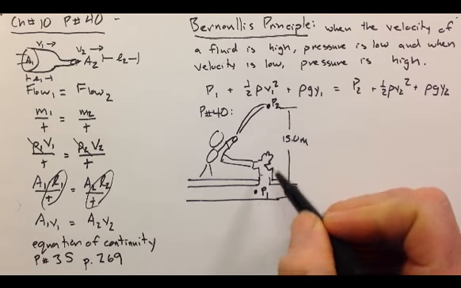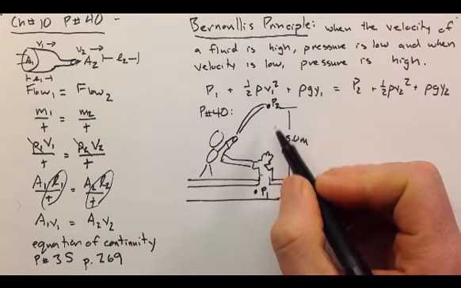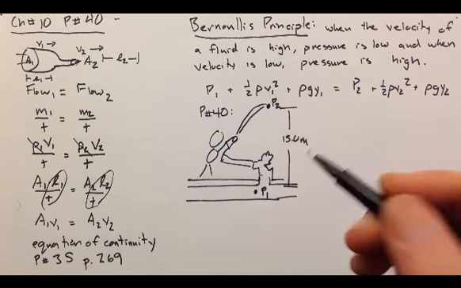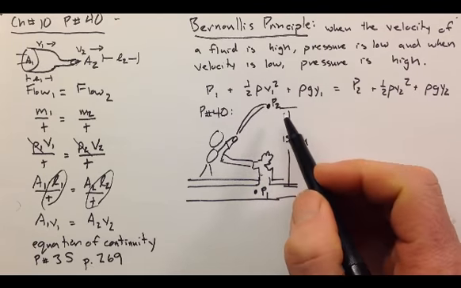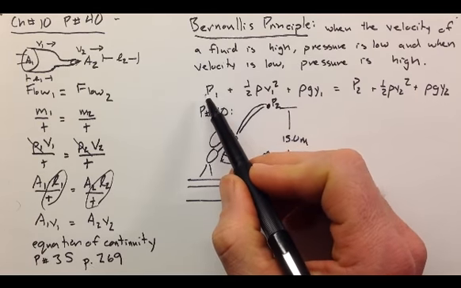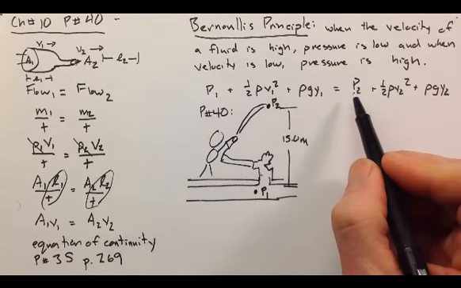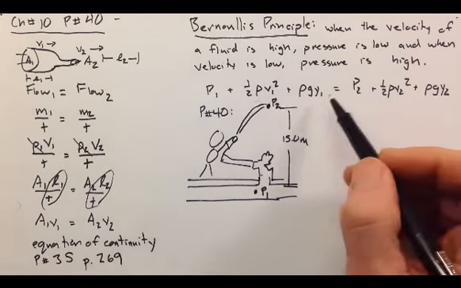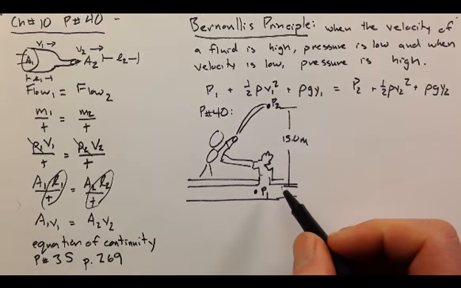We're going to assume that atmospheric pressure is the same here and here, that this isn't so high that atmospheric pressure changes. So really, P1 and P2 should be atmospheric pressure plus your gauge pressure, and atmospheric pressure plus your gauge pressure. But atmospheric pressure should cancel out, okay?